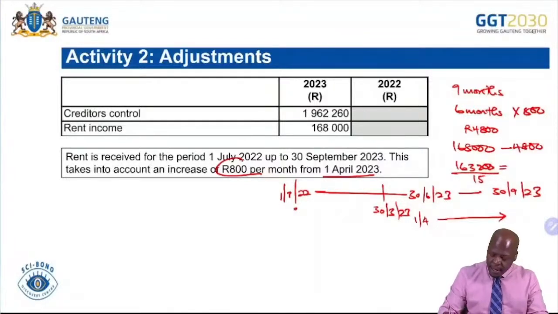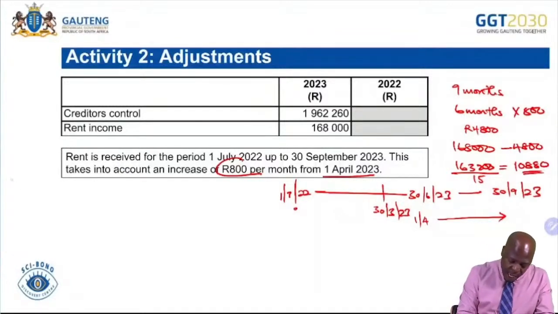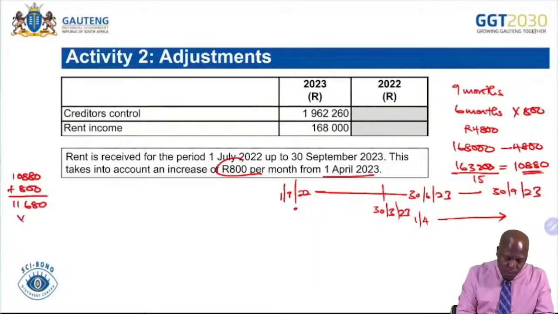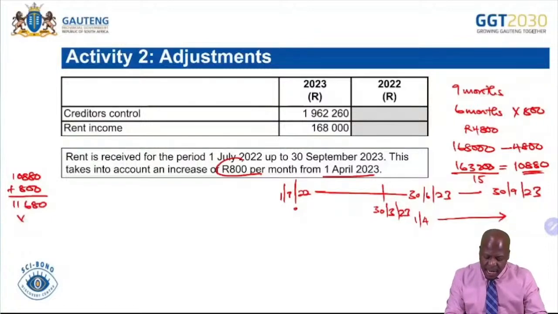You then realize that your rent before increase was 10,880. Then you now say your 10,880, which is your rent before increase, if you then add the increase of 800, that means rent after increase was 11,680.